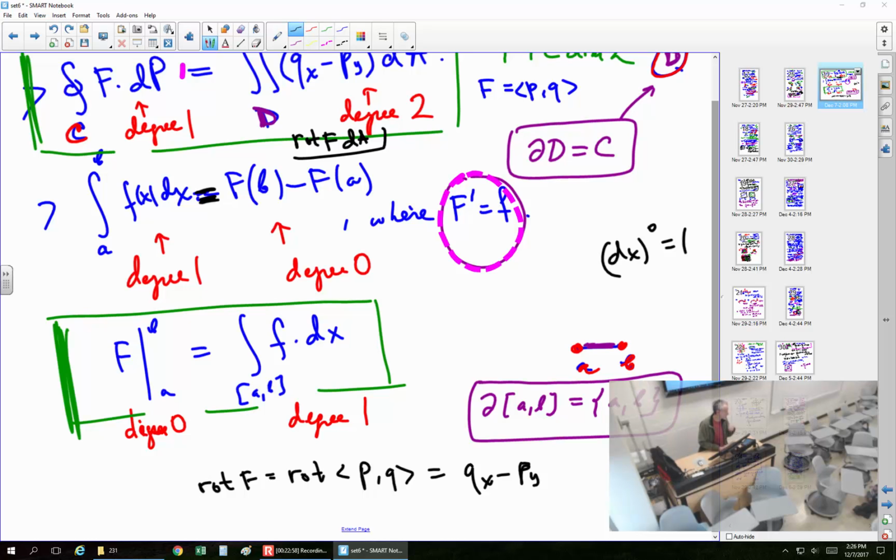There, the dimension goes up by a lot. The vector field is defined on the plane, let's say, so two input variables, and how many output variables? Four.